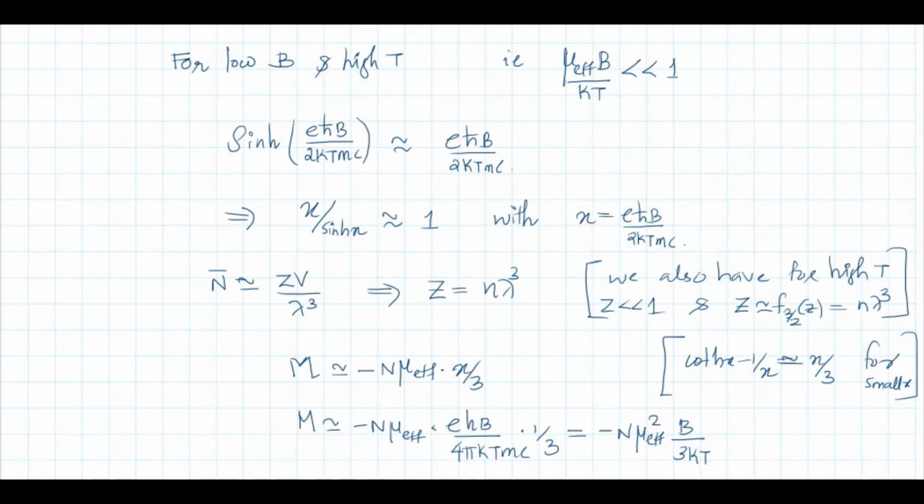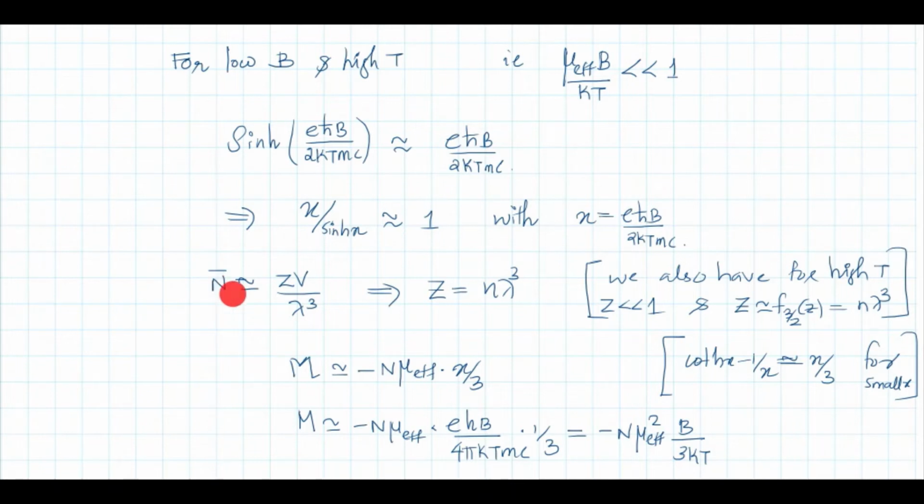Now we will calculate the quantity for low magnetic field and high temperature, that is mu effective B by kT less than 1 for this special case. Then this sinh of this quantity becomes that quantity itself, because for very small x, sinh x will be approximately x.